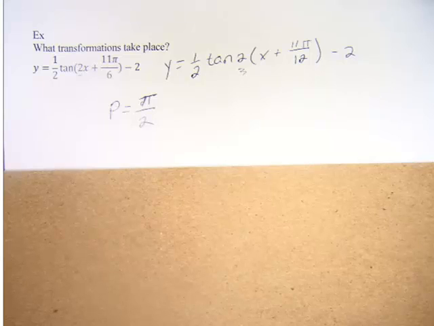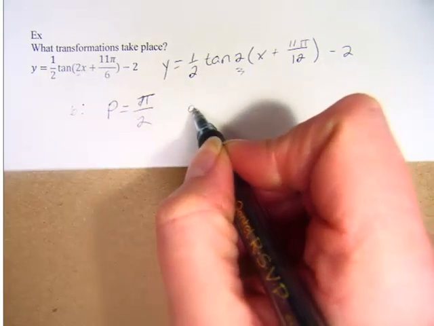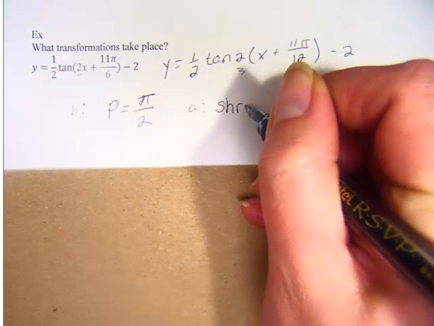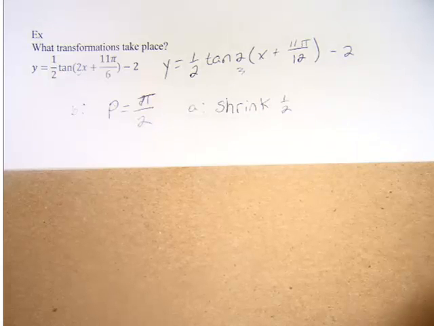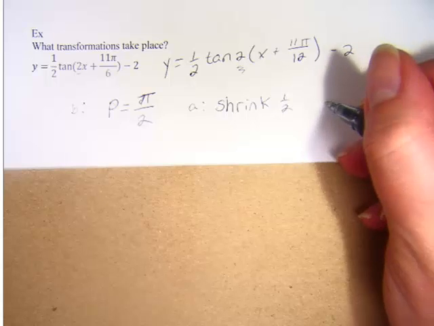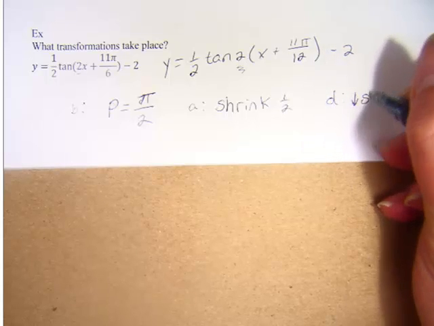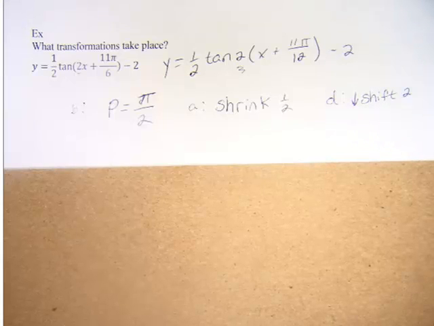So this is dealing with my b value first. Then I'll look at my A value. My A value actually is taking part in a shrink by a factor of 1/2. Then I would look at my D value, which means this is going to be a downward shift of 2 units.